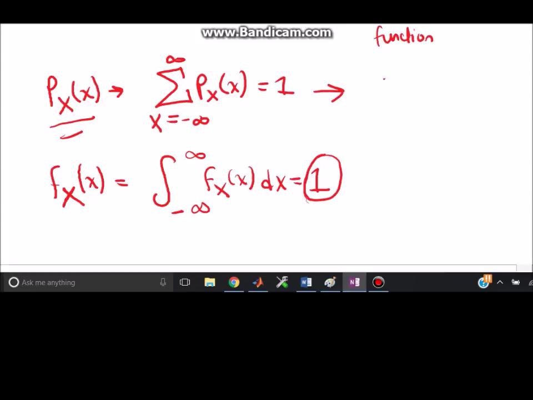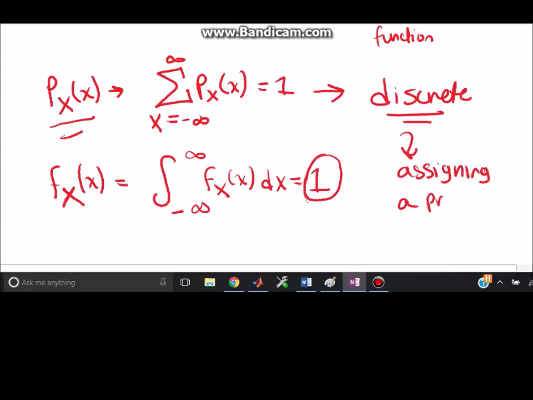So in fact, we use a probability mass function for the discrete case. We're assigning a probability to each discrete value.